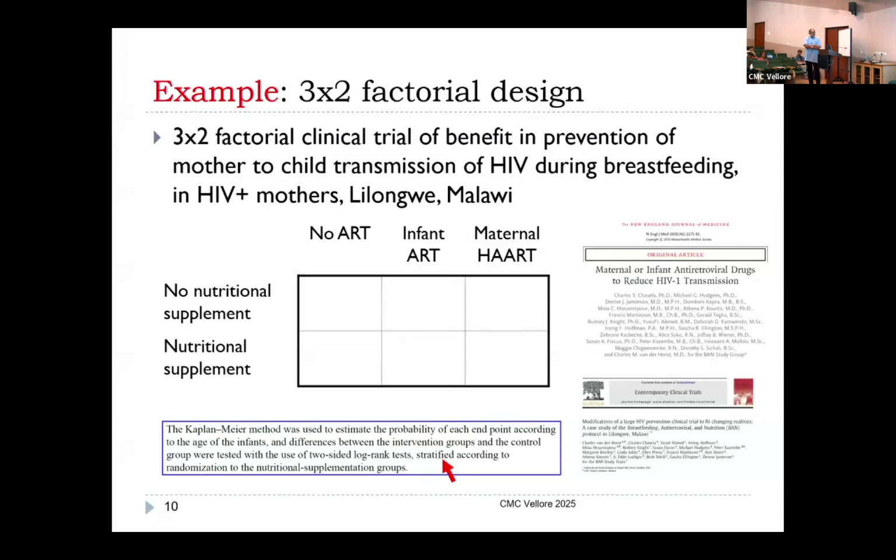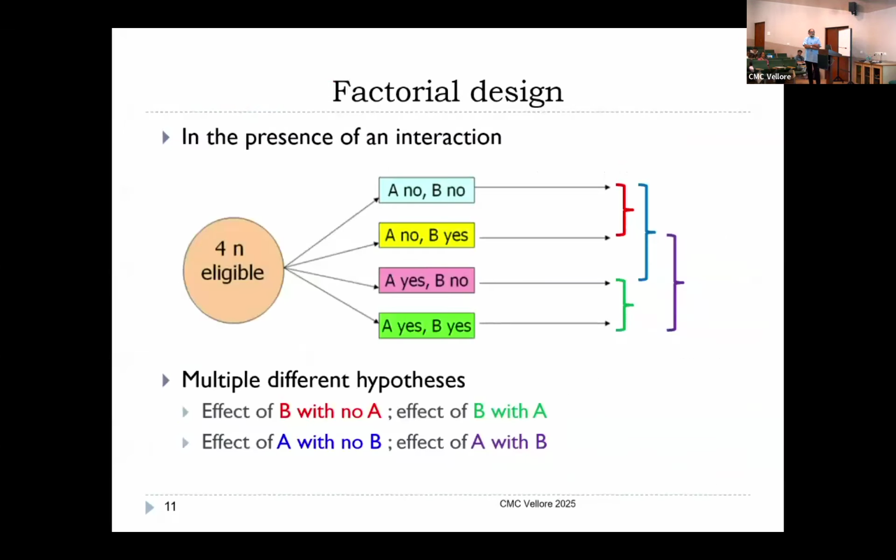Yeah, so you can do a stratified test. In the presence of interaction, you can do more interesting comparisons. You can compare the effect of B with no A, the effect of B with A, the effect of A with no B, or the effect of A with B. But now you're having multiple testing.